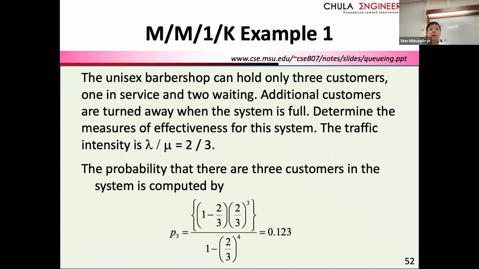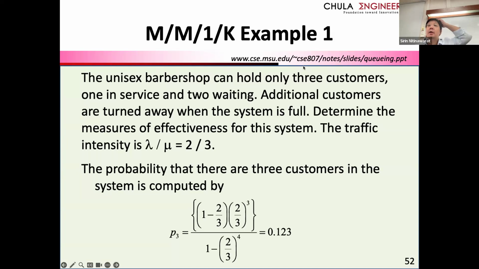Before we conclude for today, we will consider a concrete example with a fixed capacity limit. Here, rho is 2/3, and let's say we capacitate the system with 3 customers. This is an example with a barber shop with a capacity of 3 customers.